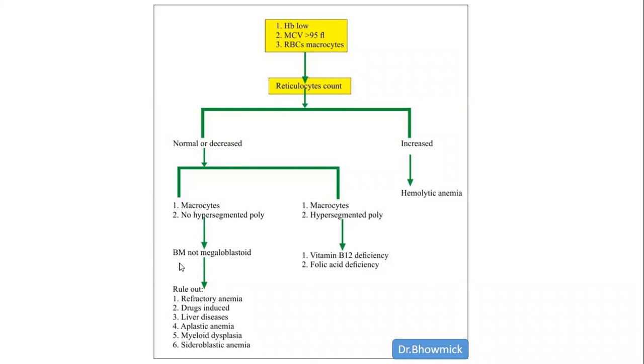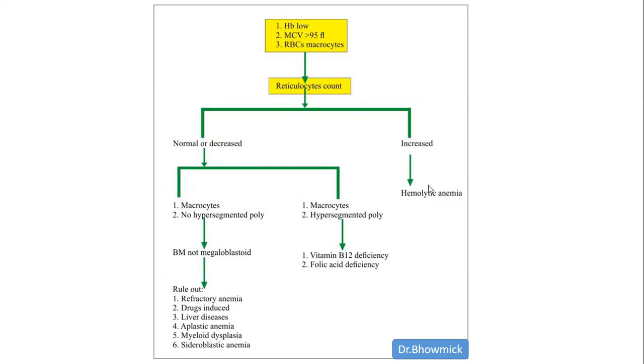But here if we see bone marrow, myeloblastoid cell, we need to rule out refractory anemia, drug-induced liver disease, aplastic anemia, myeloid dysplasia, or sideroblastic anemia. But if the reticulocyte count is increased, maybe it is hemolytic anemia.